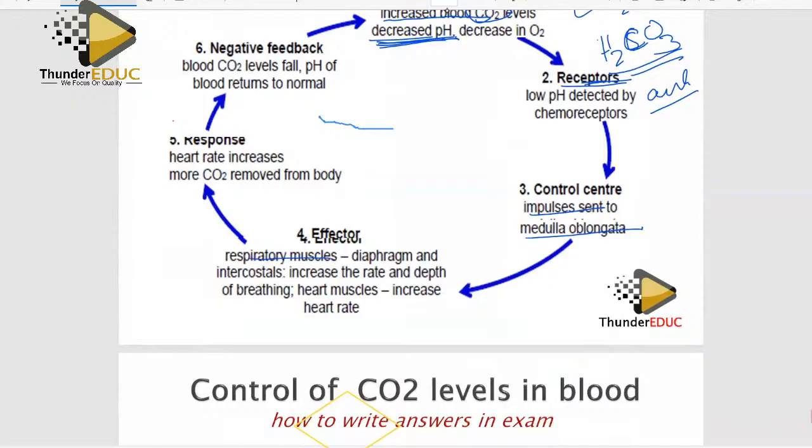The respiratory muscles, that's the diaphragm and the intercostal muscles, will start to contract and relax more, meaning that the rate at which you are breathing and the depth will increase.